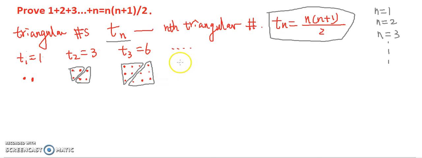Okay, if we keep following this pattern, and when we have the nth triangular number Tn, which means n dots on the top. What is n? We don't know what n is. Could be 10, could be 50 or 59 or 100. So we cannot really draw exactly how many dots on the top because we don't know exactly what n is.